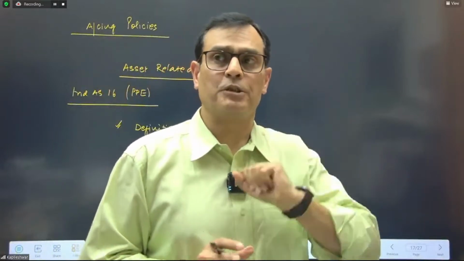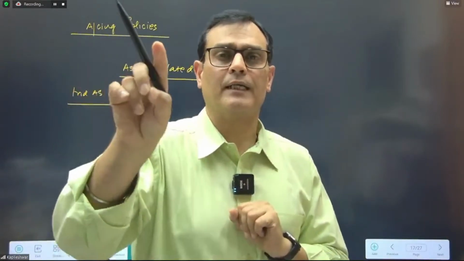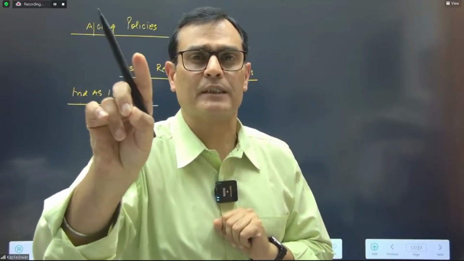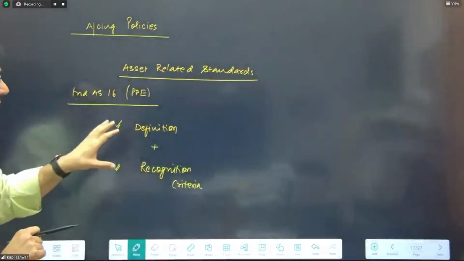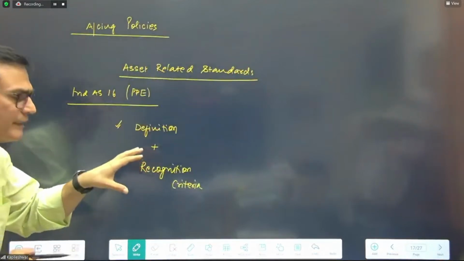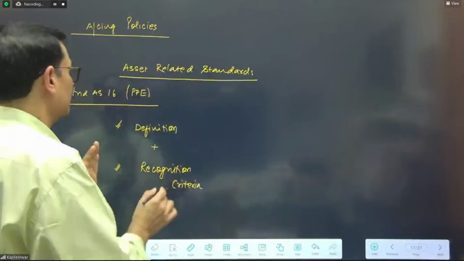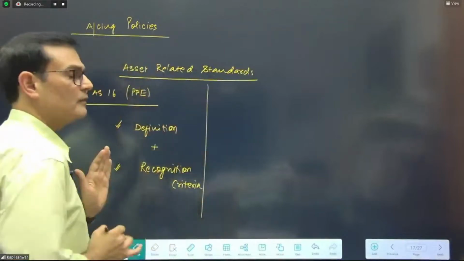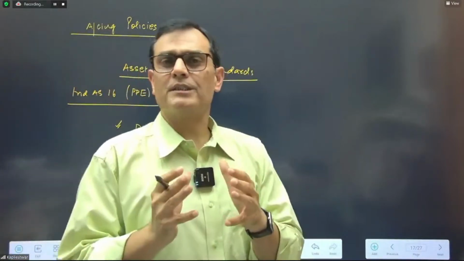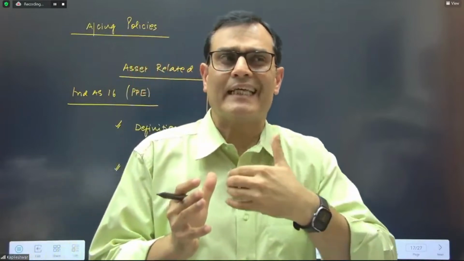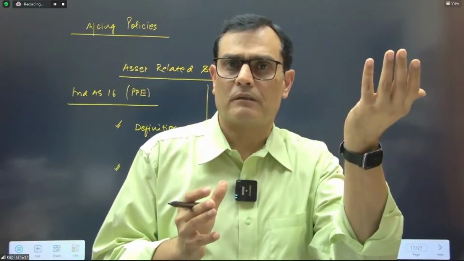If you meet the definition but fail the recognition criteria, it cannot be reflected as an asset in the balance sheet. You need to decide that the definition is met and the recognition criteria is met. Then it appears in the balance sheet as an asset. Number one. So there are two things a company needs to decide. Can it be recognized in the balance sheet?